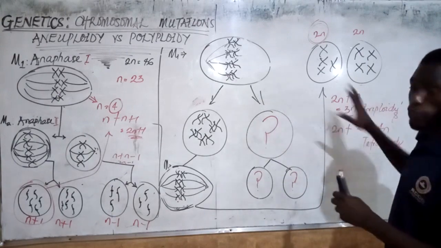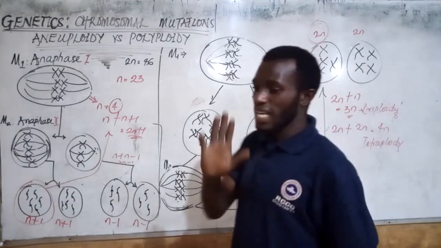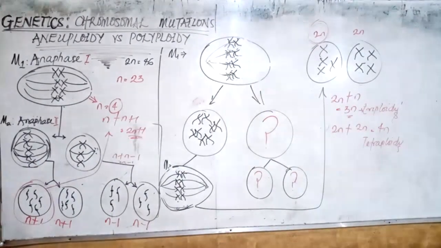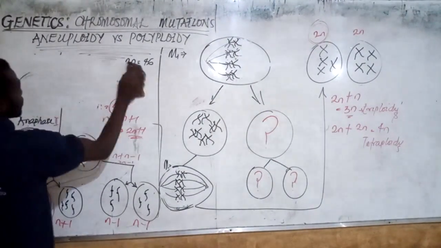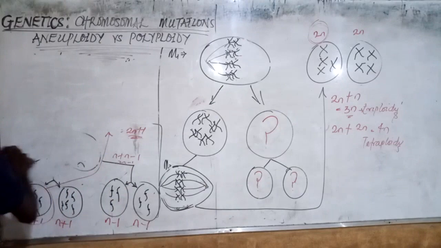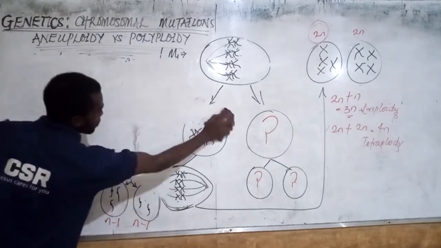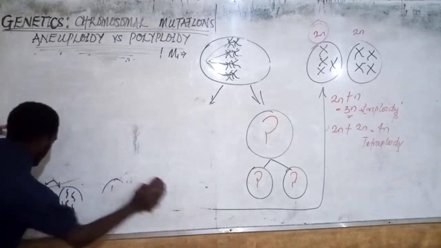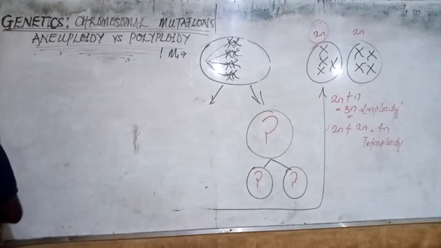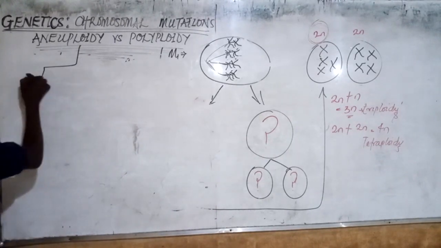Alright. So we've known what happens in aneuploidy and polyploidy. Now let's talk about the types. In aneuploidy, there are two types: the hypoploidy and the hyperploidy.